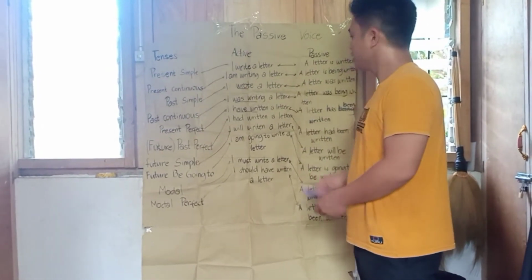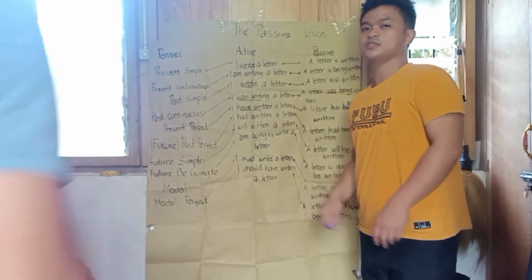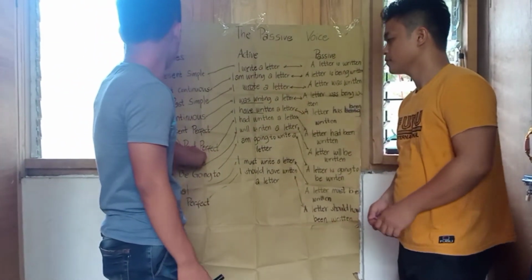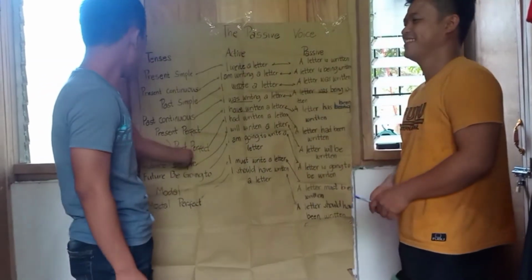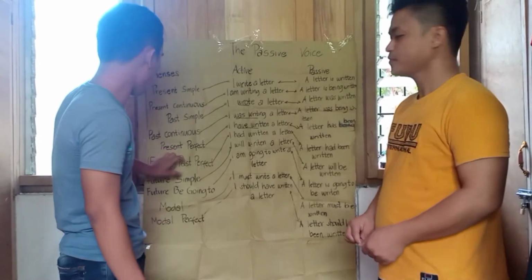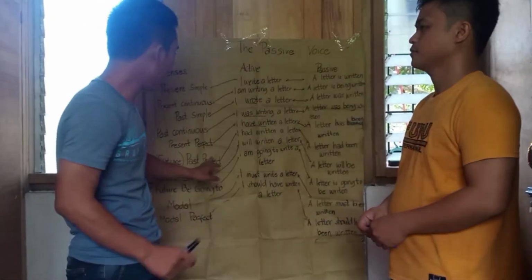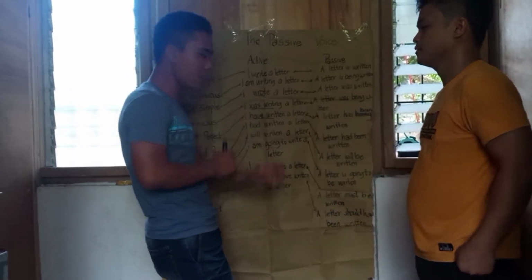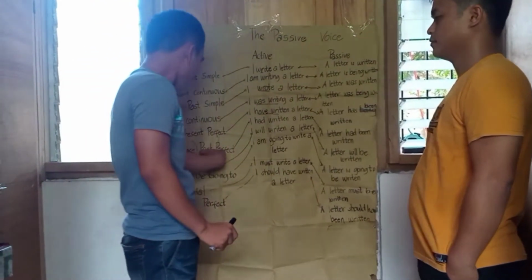So next we're talking about the past perfect in the active voice. Okay, thank you, Sir Arden. So in the past perfect of the tenses, we are going to apply it in our active voice, and we are going to transfer from the active voice to the passive voice.